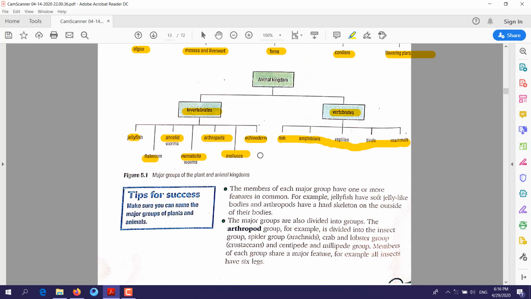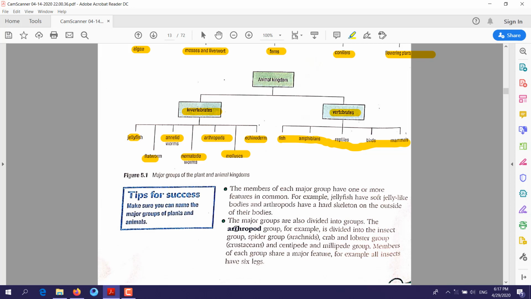Then, in addition to this classification, within each subgroup we can have other divisions. For example, the major groups are also divided into groups. These are the major groups, and we can also divide them into other groups.